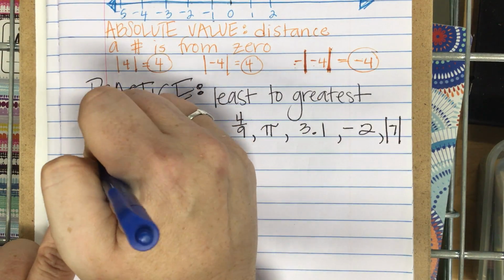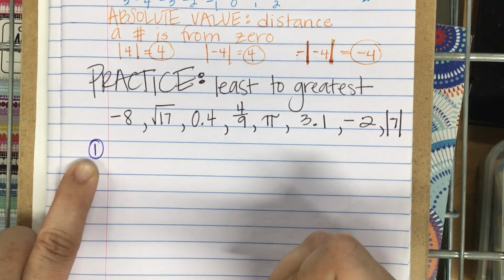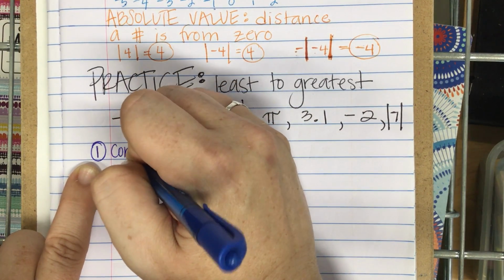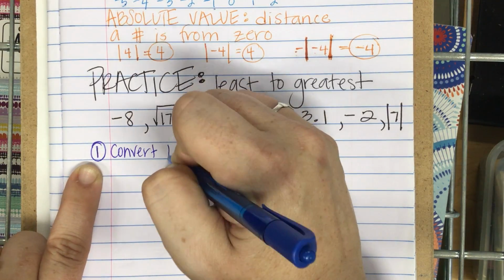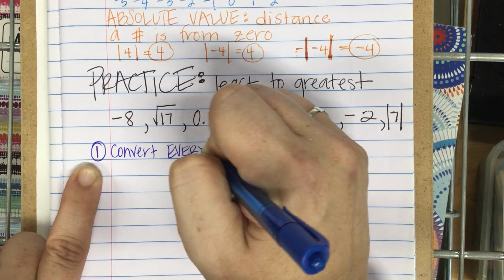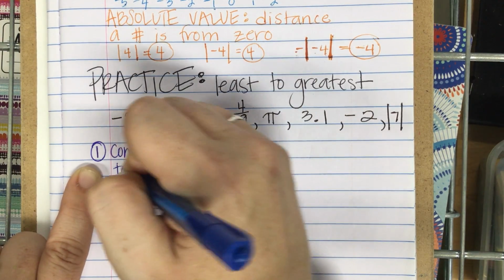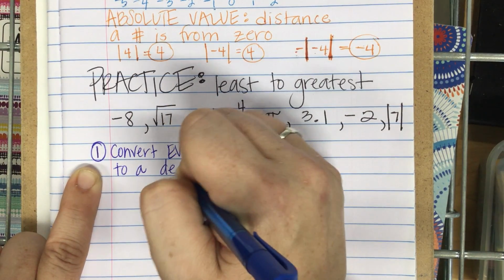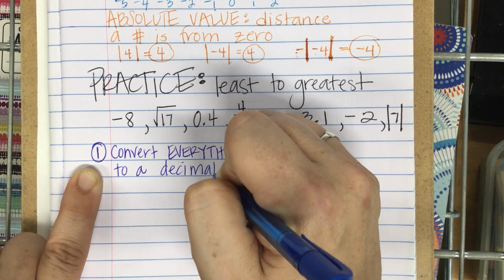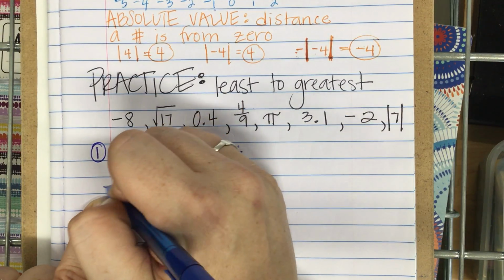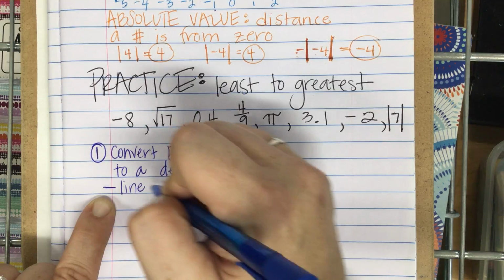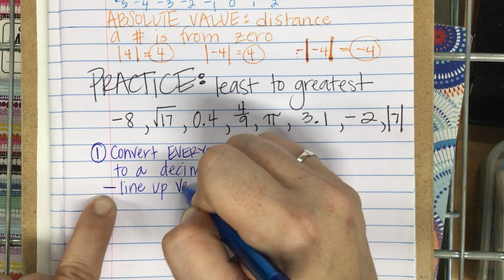Listen. Number 1, the first thing we do is convert everything to a decimal. But I'm going to add to that. I'm going to say line up vertically.